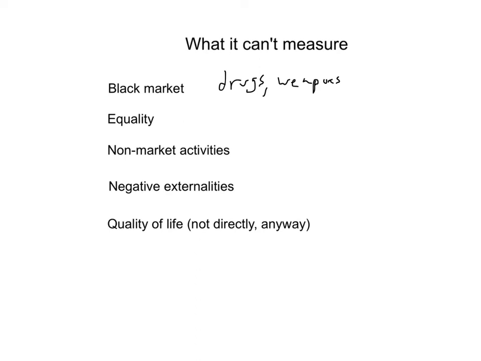Okay, it doesn't also count equality. So you might have a country that's very rich, okay, high GDP, but also most people are poor. Like straight up poor, not like, oh, we can't afford a television, but like, oh, we can't afford to eat for a day, something like that.